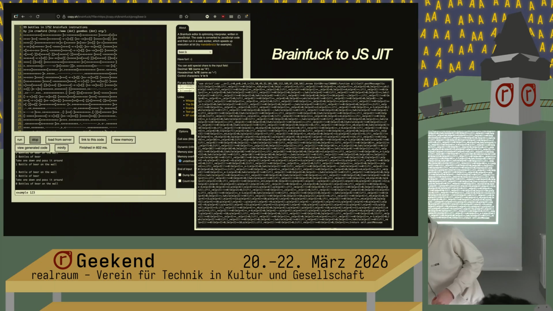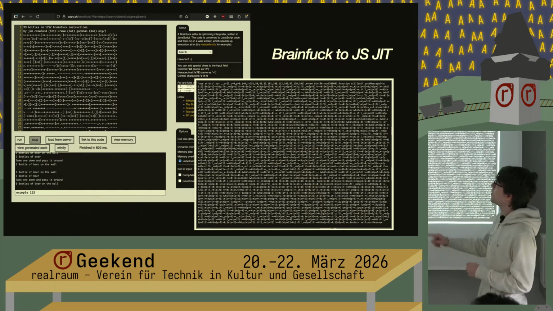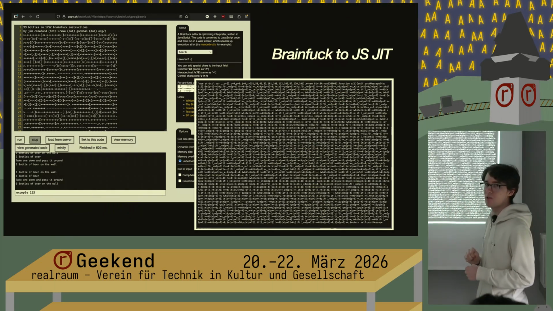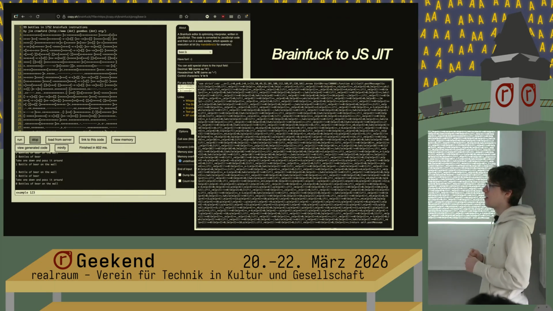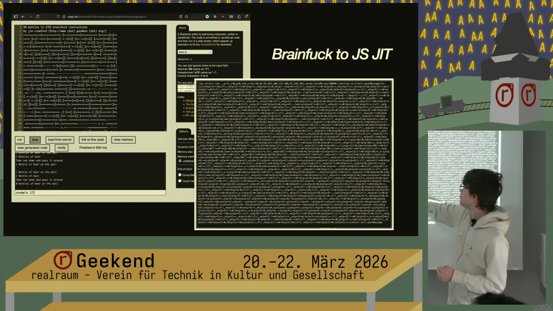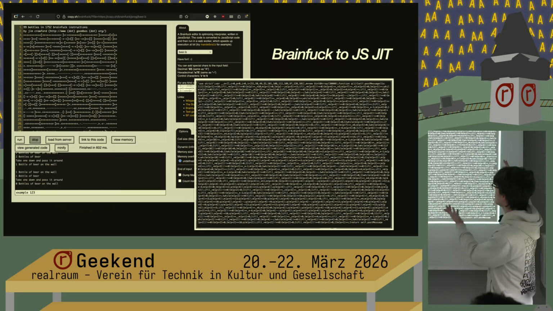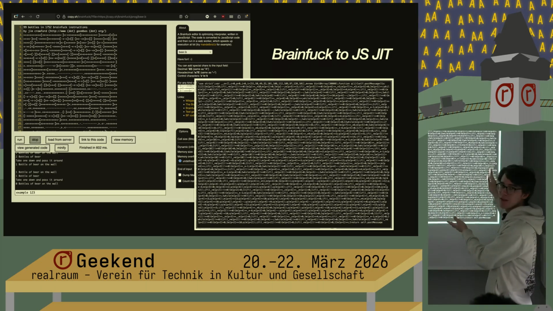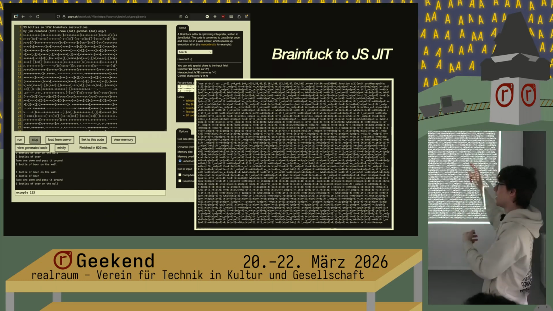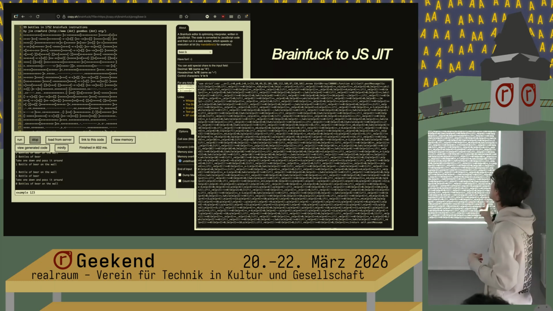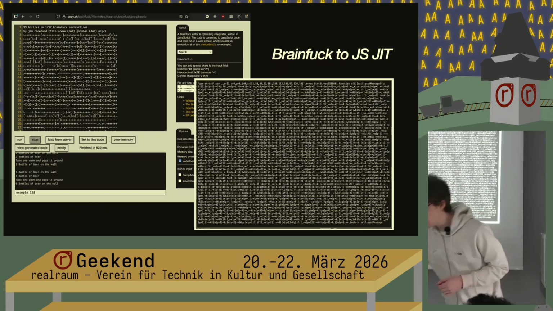And there is a very nice example of this. There is a website that is like a JIT recompiler, well, more like ahead of time, for brainfuck, that takes brainfuck code as input and outputs this mess of JavaScript, which is a very optimized version of that brainfuck program that runs in JavaScript instead.